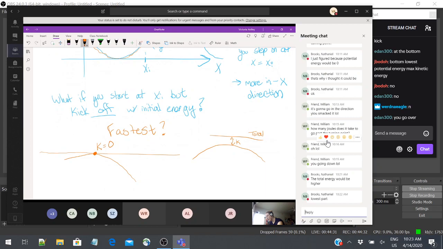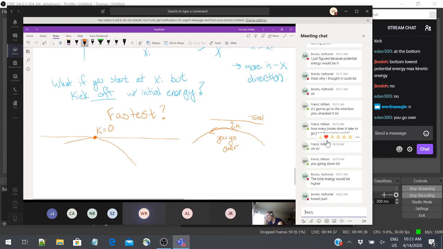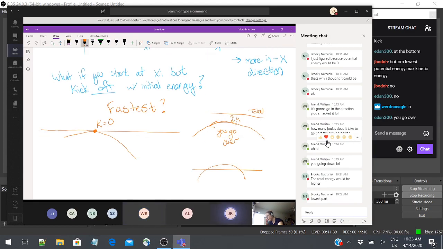You go over the hill, right? If your total energy is not enough, you come up and you slide back. Slide up, slide back. This would be a turning point.